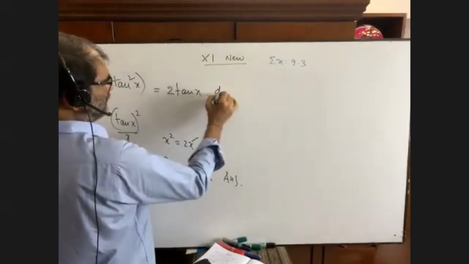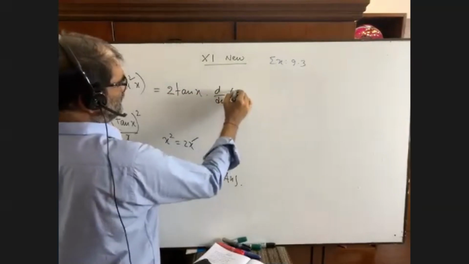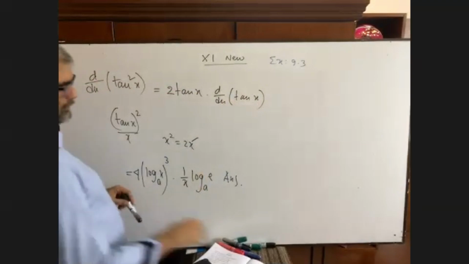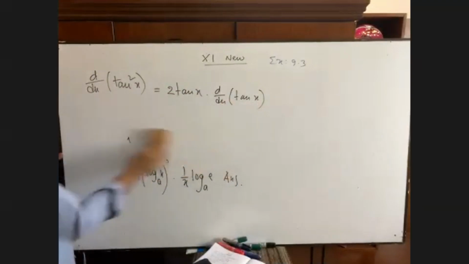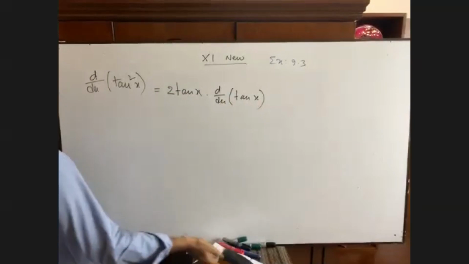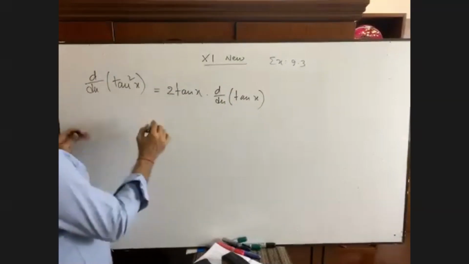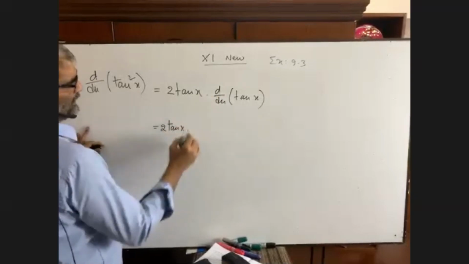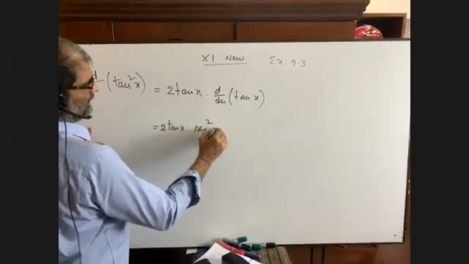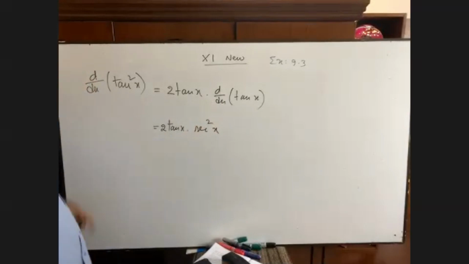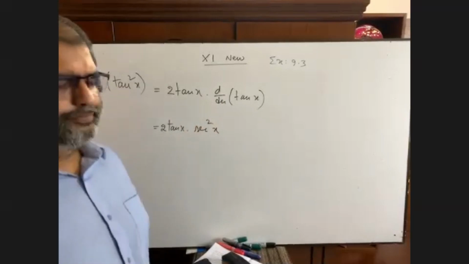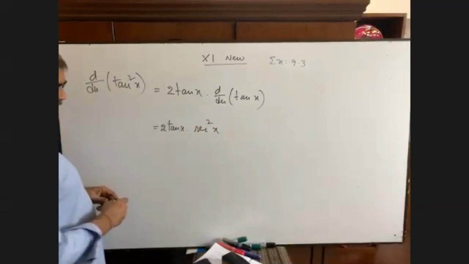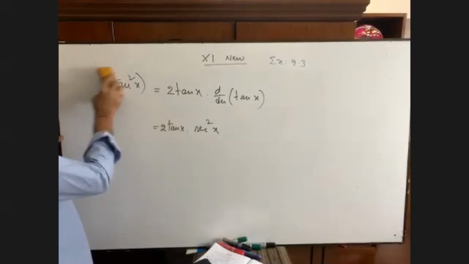Then you have to find out what is x here. d by dx of tan x. Talk to me. Yes, sir. Then we get here 2 tan x. What is tan x derivative? Sec square x. So it is done here, nothing to do. Okay. Sorry. So you have got it.